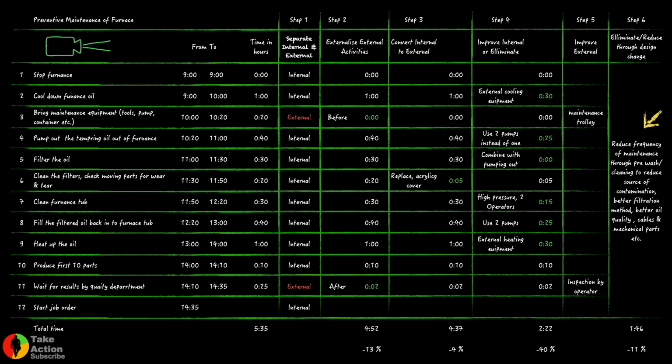We can also check for a better quality of oil. If we have to do the preventive maintenance every week because the cables are getting broken, we can ask if we have an alternative supplier of cables. And for the mechanical parts which are getting damaged, we can check if we can get better quality parts. If we discuss all this in the team, we can definitely come up with ideas to reduce the frequency of preventive maintenance.